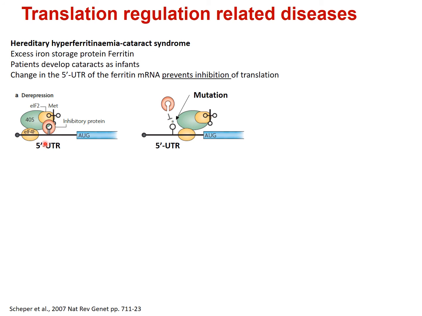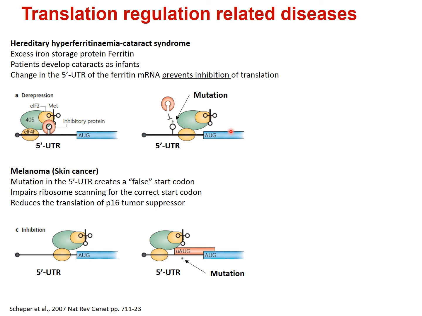However, there are mutations that occur in the messenger RNA in this sort of region. So there's a stem loop that gets bound by this protein, and the mutation changes that stem loop, prevents binding of this inhibitory protein, and you get translation of the ferritin mRNA more than would normally be ideal, and that's what causes this disease.